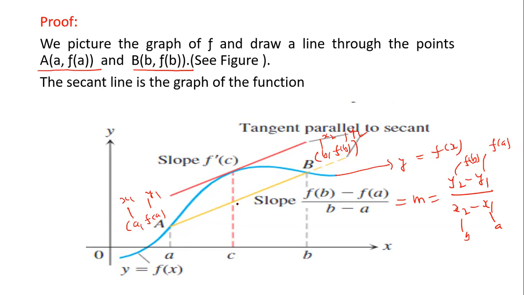If you join these 2 points A and B, you will get a line segment. The slope of this line is m equals y2 minus y1 by x2 minus x1. If you substitute the corresponding values, you will get slope equals f of b minus f of a by b minus a. Okay, now come to the next one.